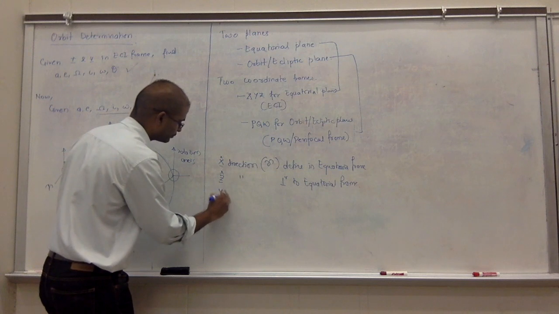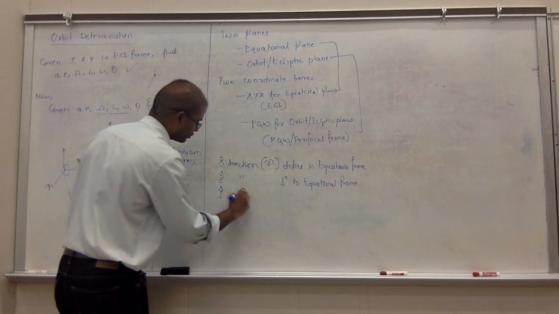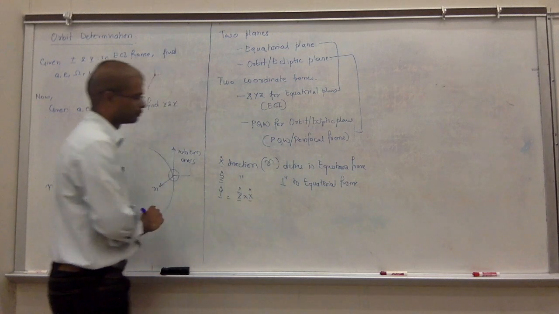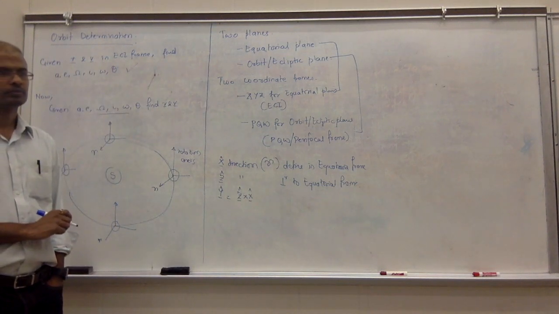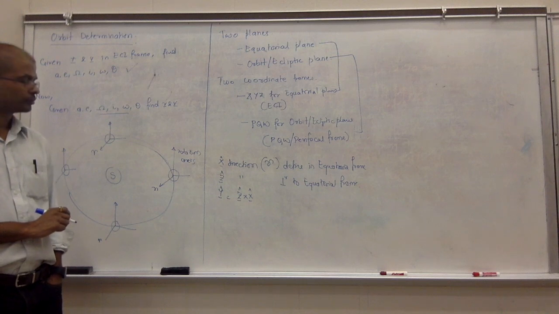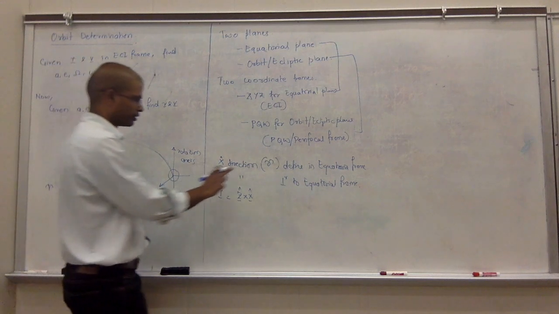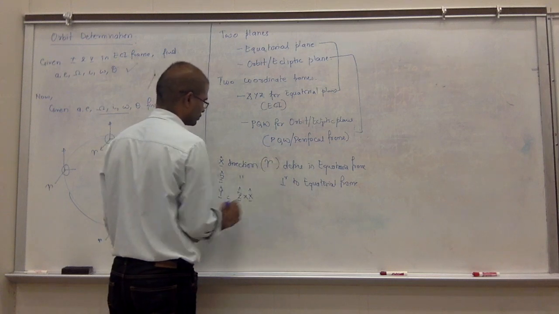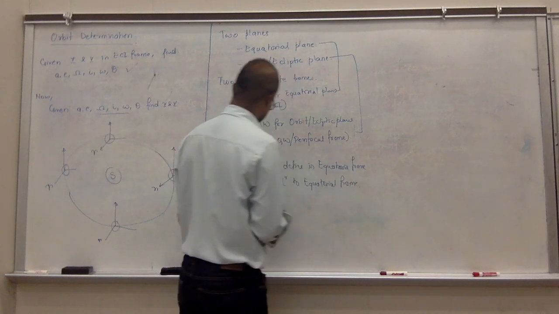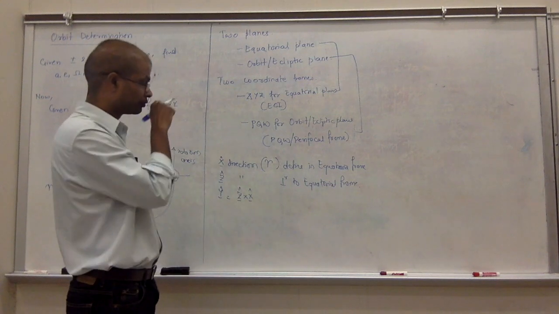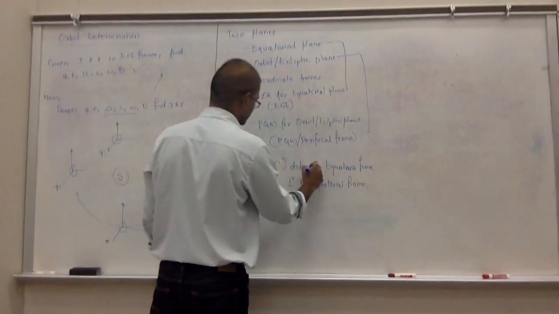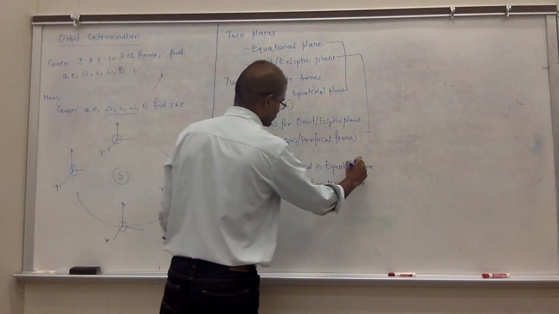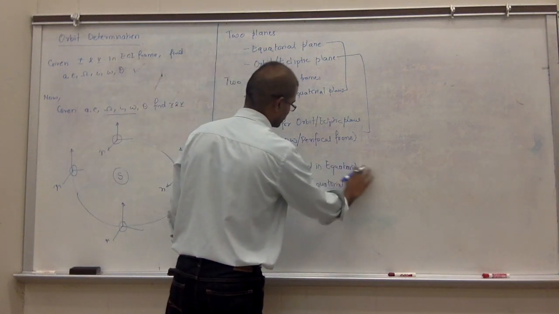Y is simply Z crossed with X. That's the Aries direction, right after X direction. Right, that is the Aries. The X direction is defined in the equatorial plane, sorry.